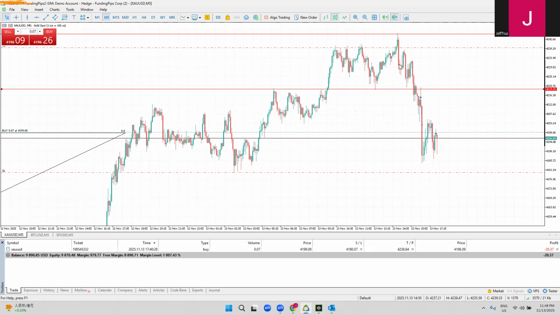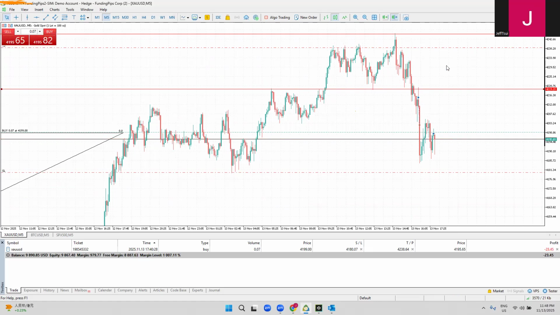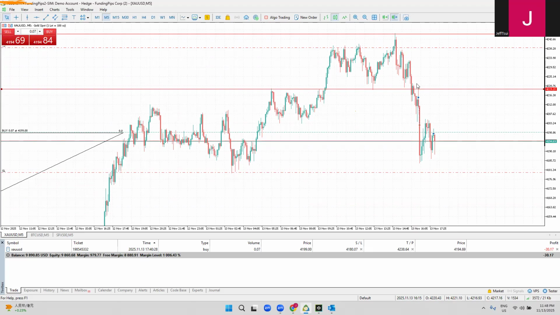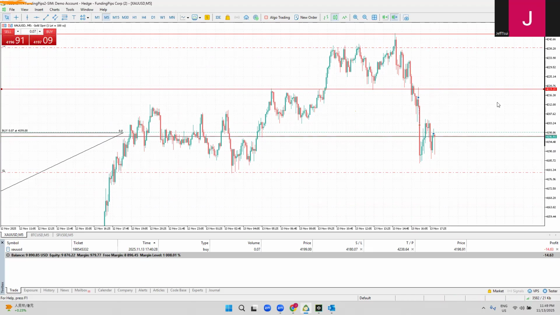You can see we have a clear range, and my initial idea was, okay, I want to take a long above here because of breakout, bad follow through, and then we have a wedge bottom, nested wedge as well. One, two, three, or even 1, 2, 3, right? Nested wedge. If we can break above here, then I think we have a very high chance to retest the high. And that didn't happen.